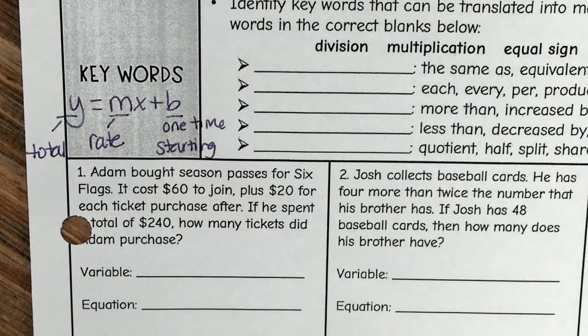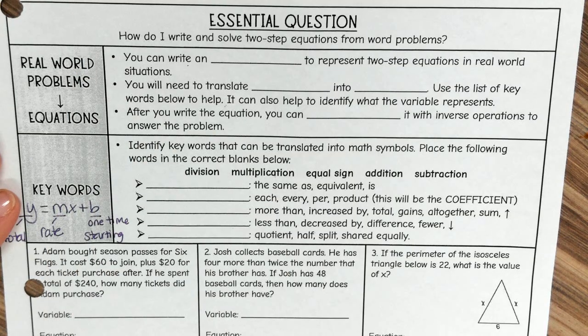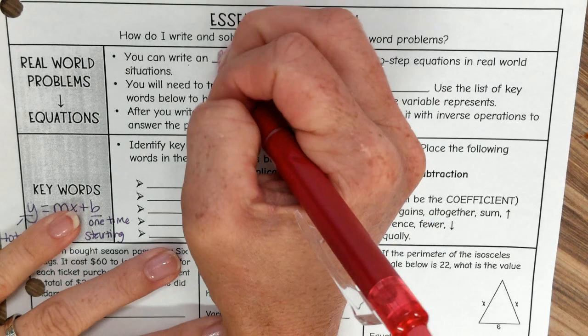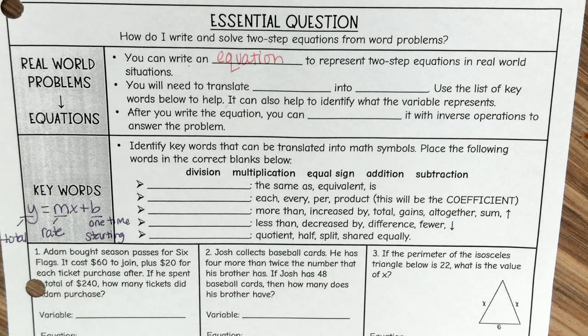Okay, that will help you with today. All right, now let's go through our notes. It says, you can write an equation to represent 2-step equations in the real world situations. You will need to translate. Do y'all know what translate means? Kind of like to change, right?